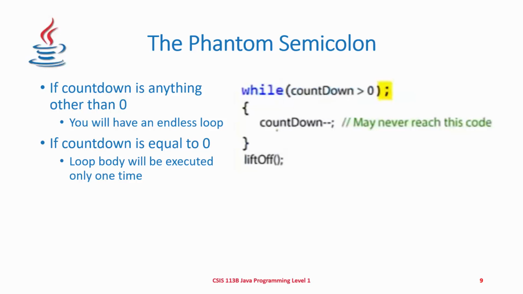In this case, what we're attempting to do is count down to 0 and then run a function called liftoff. But because you have the semicolon there, you're going to have an endless loop. And if you happen to prime countdown prior to the loop and assign it a value of 0, then the body would only be executed one time.